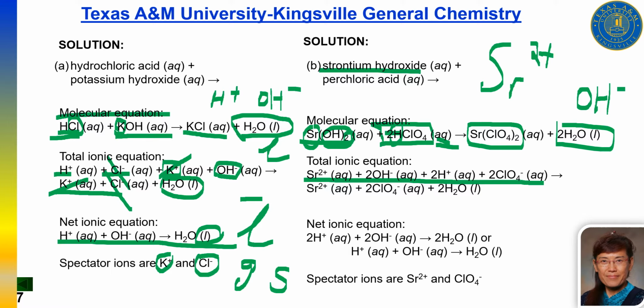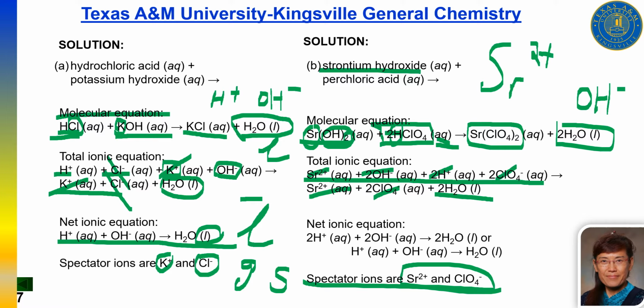What's going to happen? Your hydroxide and your H plus are going to react to form H2O. 2 moles form 2 moles of liquid water. Strontium and your perchlorate are the spectators. So you can eliminate your 2 spectators, strontium 2 plus and perchlorate.